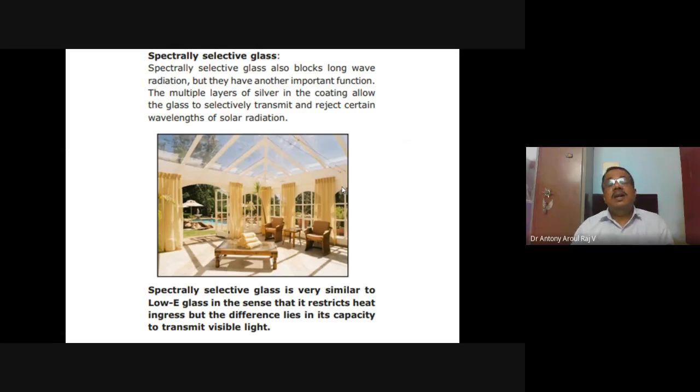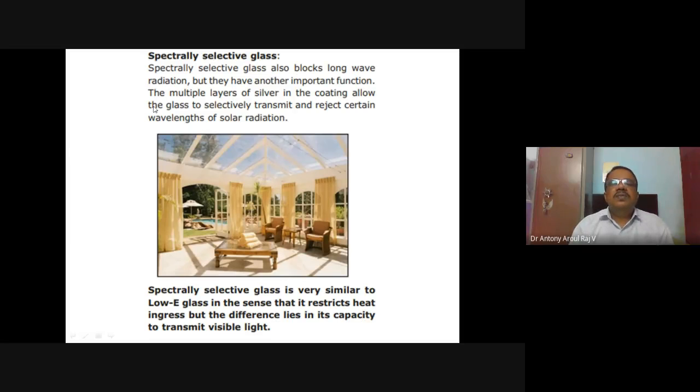Similarly, there are some special types of glasses called spectrally selective glass. Spectrally selective means when solar radiation is falling on your house, you can use a glass which will avoid all the harmful radiations. Similarly, if you want to avoid the short radiations also, you can do it.